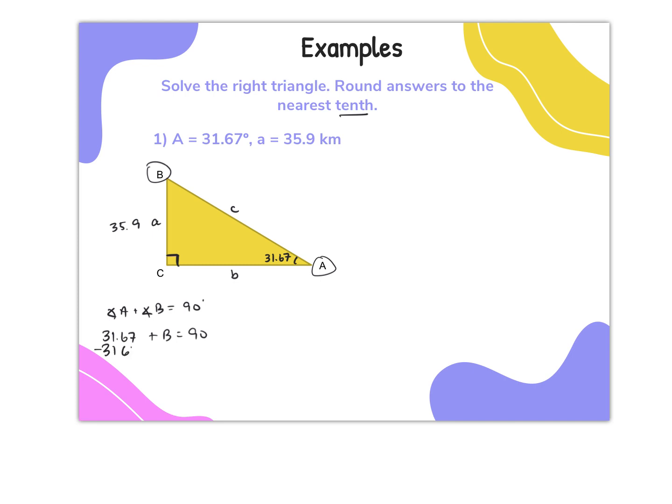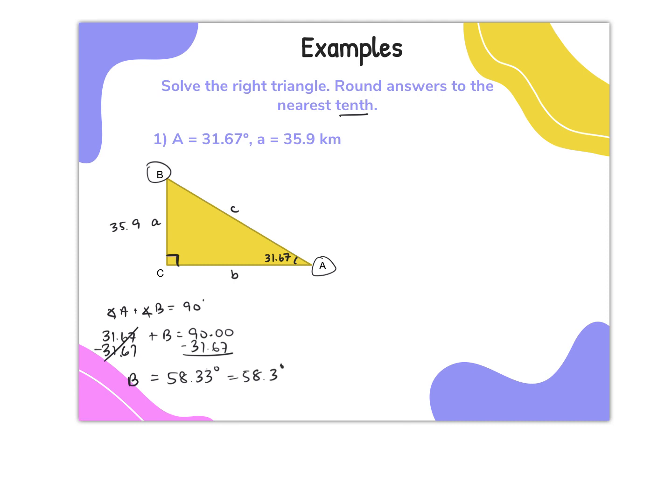If I subtract 31.67 from both sides, I'm going to get exactly what angle B is. Now you have a calculator so you can use it, but be careful. If you're going to subtract it on your own, make sure that you write those extra zeros, and you're going to get 58.33 degrees. Now it wants it to the nearest tenth, so that's 58.3 degrees.